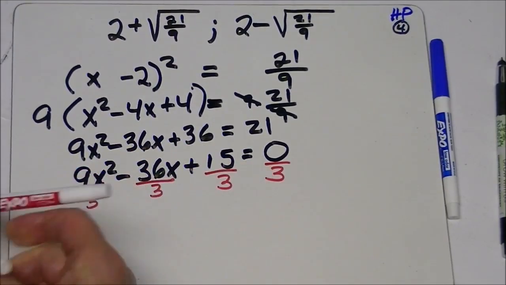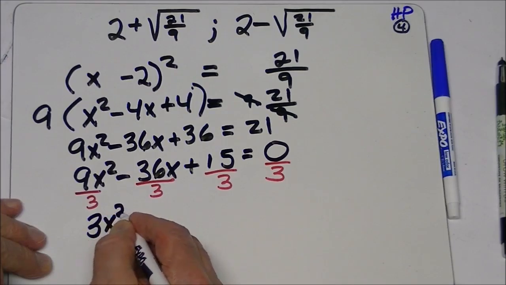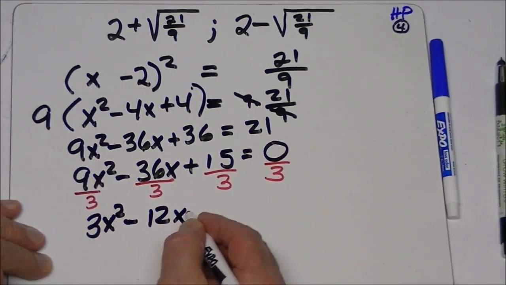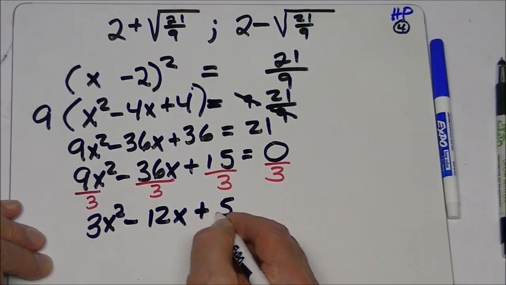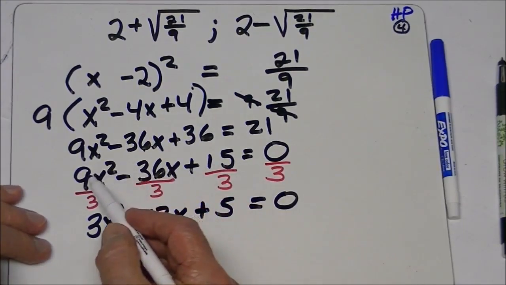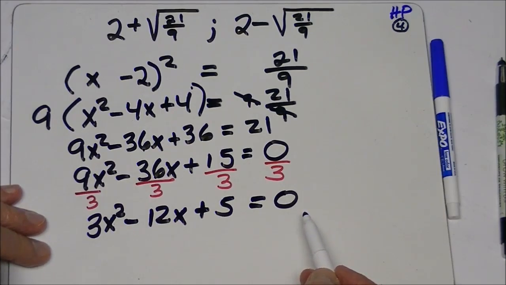So that gives us then the final answer of 3x squared minus 12x plus 5 equals 0. But notice that this answer and this answer are equivalent equations.